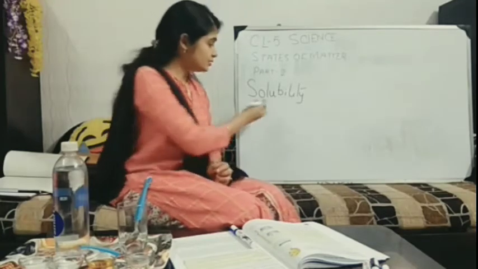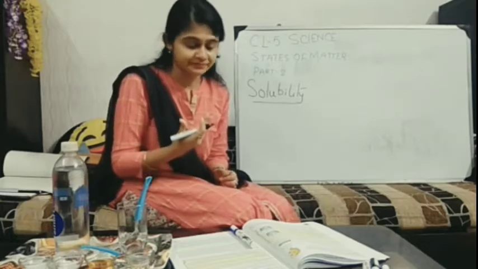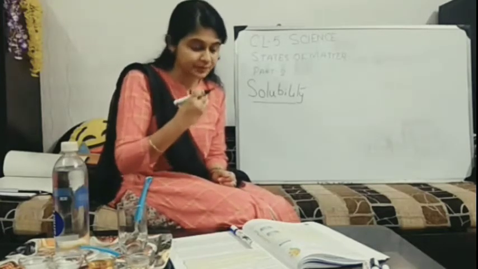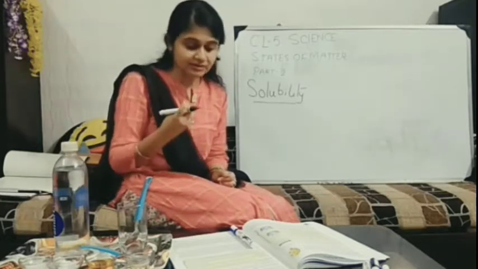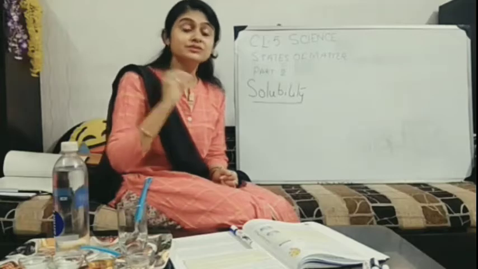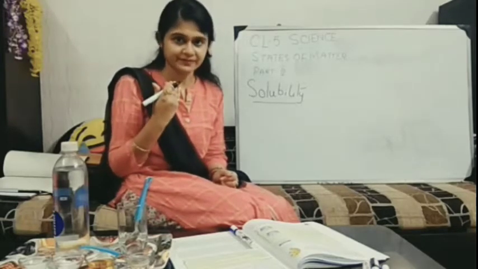Okay, so what do you understand by this solubility? What does it mean? Solubility of a substance is its property to dissolve in some other substance and to form a uniform mixture, which we have already done in class 4, right?